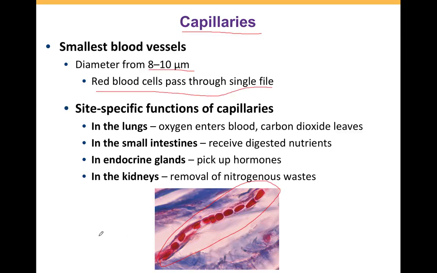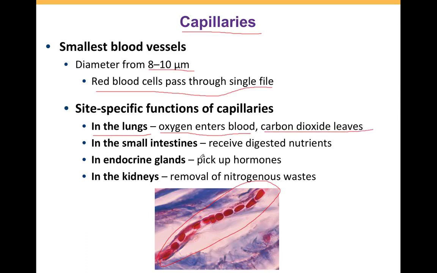Depending on their location, they actually carry different functions. So for instance, when you think about your lung tissue, where the gas exchange of oxygen and carbon dioxide takes place, having these capillary networks allows the oxygen to enter the blood from your lungs, and then carbon dioxide to be removed and eventually exhaled out.